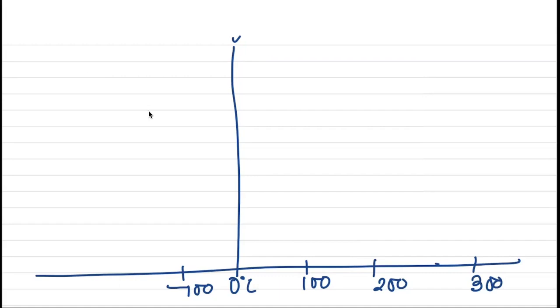Minus 273. Now, if we put the curve, Charles' law is what? Charles' law is volume proportional to T. If temperature increases, volume increases. So this side is temperature, and obviously this side is volume.